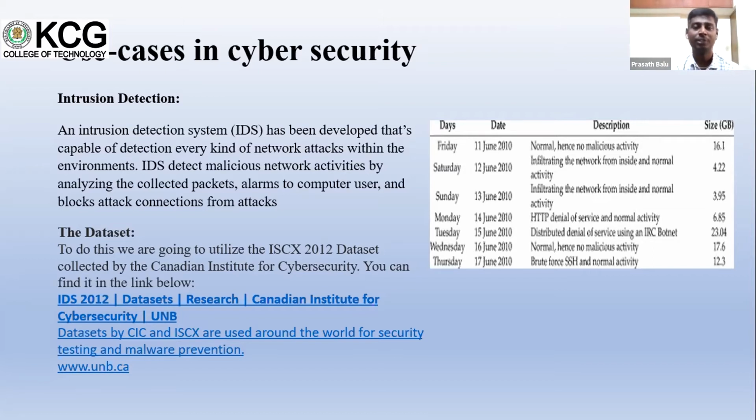The data that you are seeing is one kind of data, with days, date, description, and size. You can see that in the screenshot, the image at the right hand side.